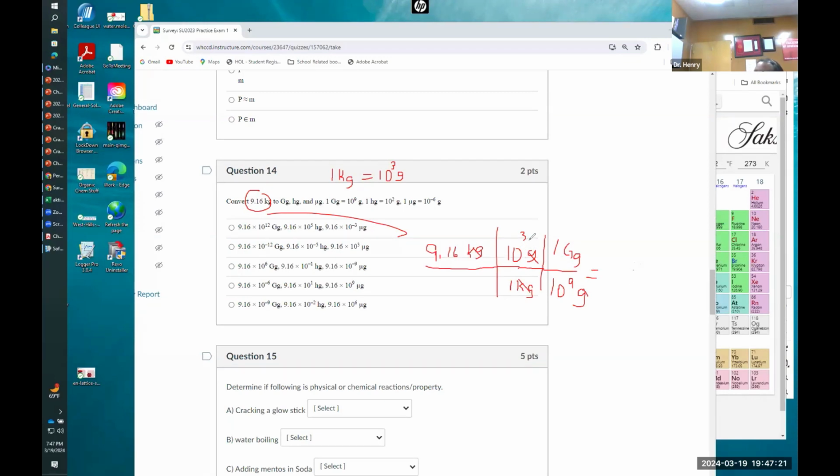so here, since this guy's on top, it's a positive value. This guy's on the bottom being divided by. They're both factors of 10. So then we could say 9.16 times 10 to the, and this would be 3 minus 9. So what is 3 minus 9? 6 or -6. -6.